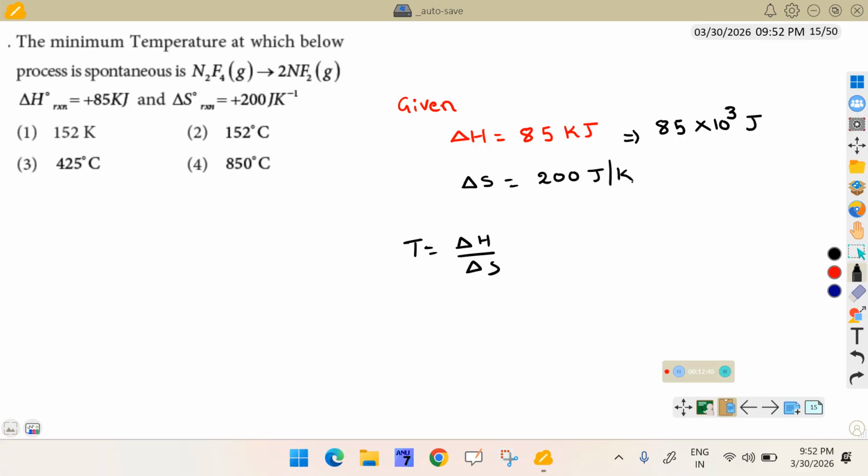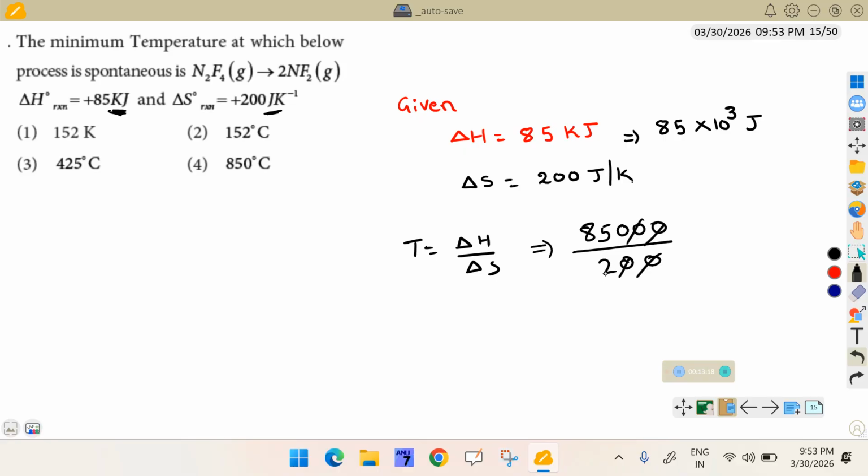The minimum temperature at which the below process is spontaneous: N2F4 gives rise to 2 moles of NF2. Delta H value is given, delta S value is given. Here delta H is given in kilojoules, delta S is given in joules. So to calculate the temperature, convert kilojoules to joules: 85,000 by 200.